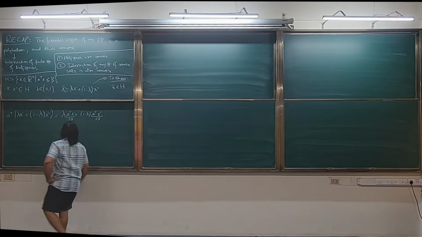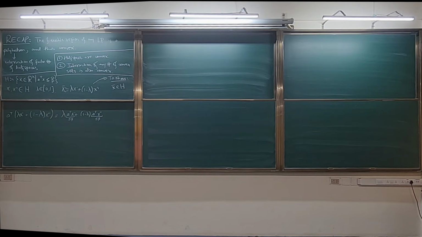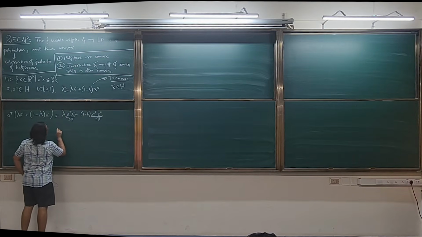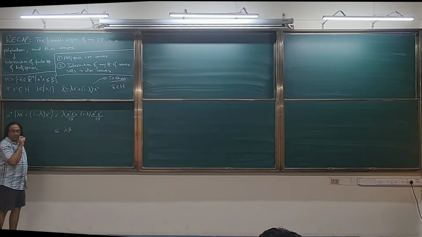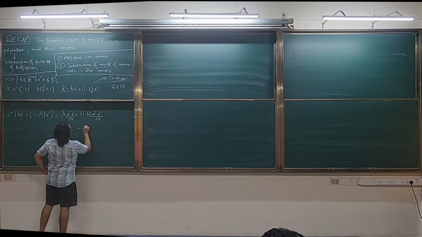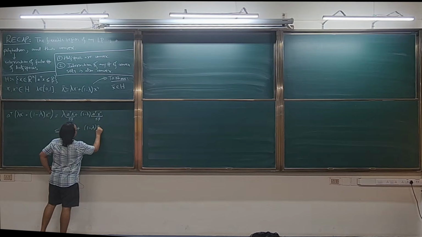So now what do we do? So what are we tempted to write? You are tempted to write, this is less than or equal to lambda times beta plus 1 minus lambda times beta.